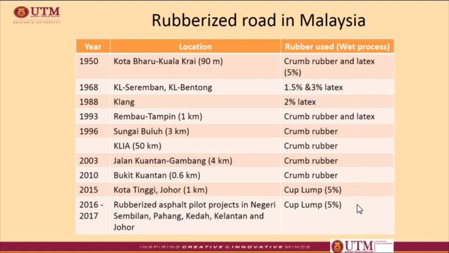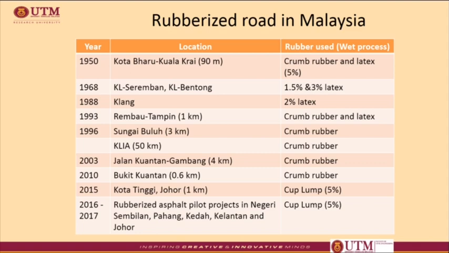Then recently, we looked into using cup lump as modifier in asphalt binder. Currently, a few trial projects have been implemented in a few states, which are under field monitoring. And this will determine the planning of the next stage of using rubber in road construction in Malaysia.